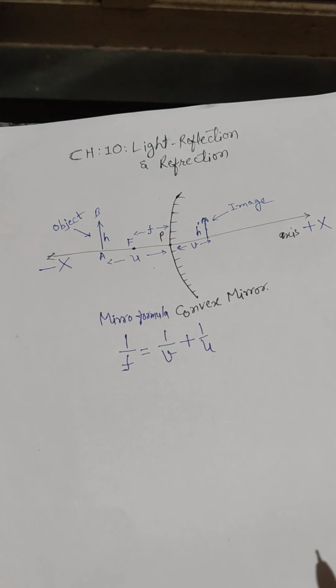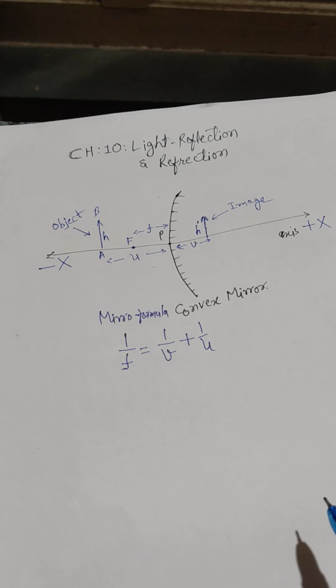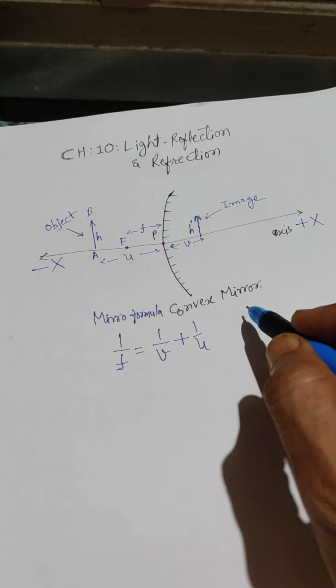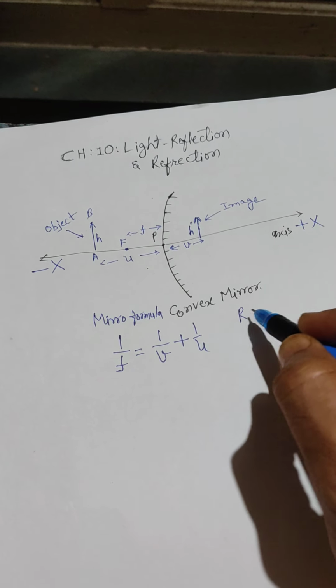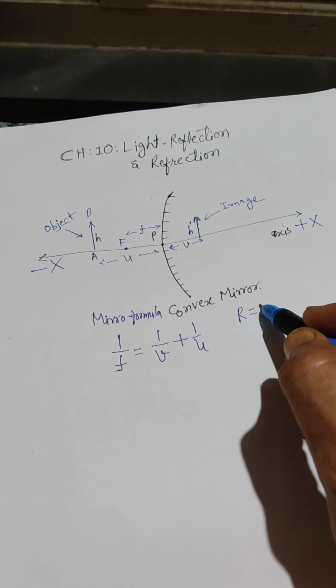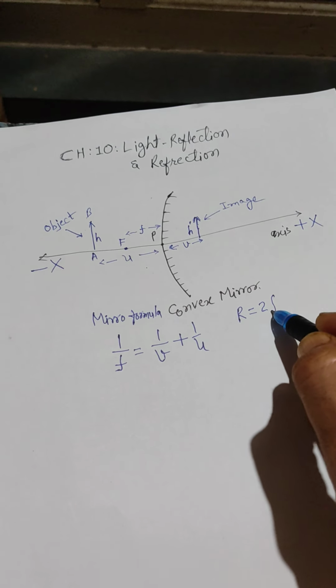Right? 1 upon f is equal to 1 upon v plus 1 upon u. One important relation between the radius of curvature r and the focal length f is r is equal to 2f.